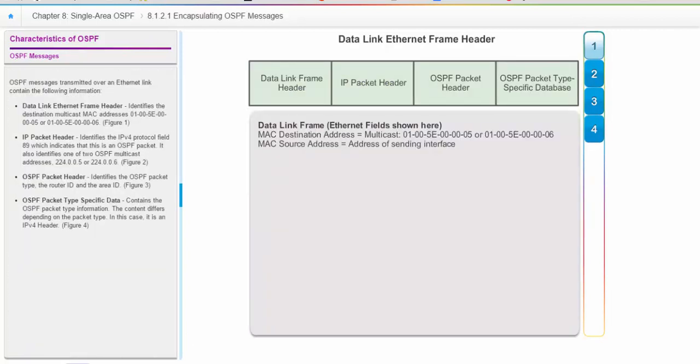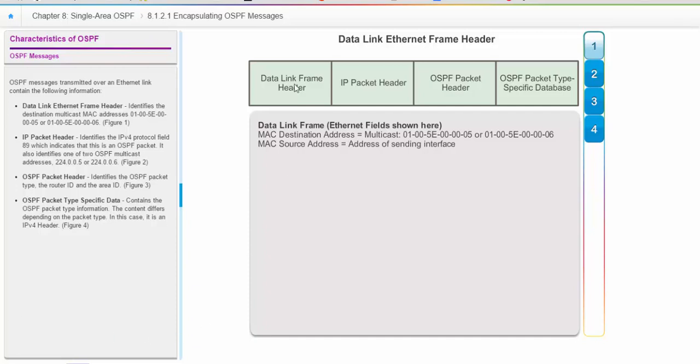Now, OSPF has different messages that are transmitted over your Ethernet link, and they contain the following information. You have your data link frame header, your IP packet header, your OSPF packet header, and your OSPF packet type specific data.